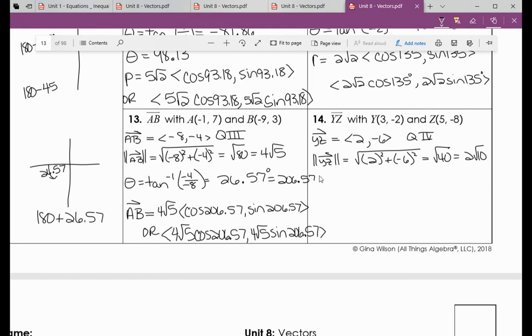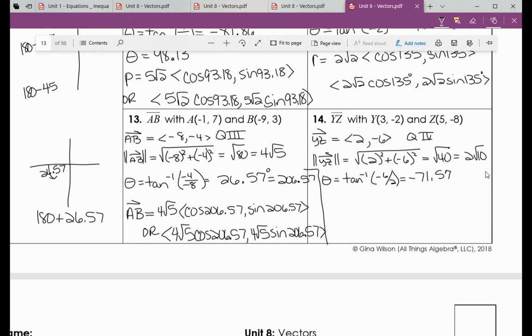Then I need to find my directional angle, which would be inverse tangent of -6 over 2, which is basically -3. That's probably easier to type in. So inverse tangent of -3 gives me -71.57.